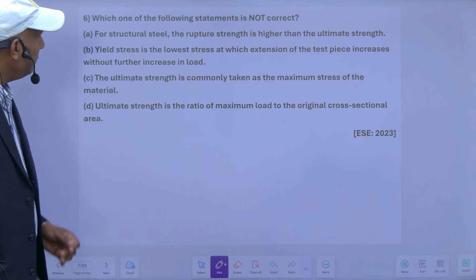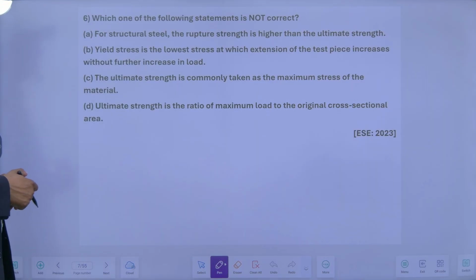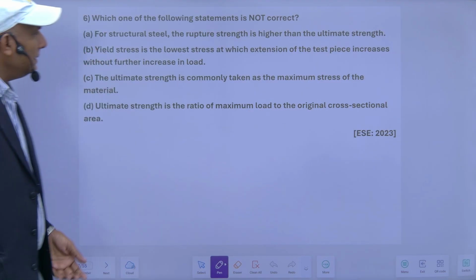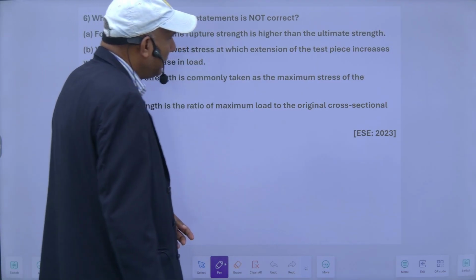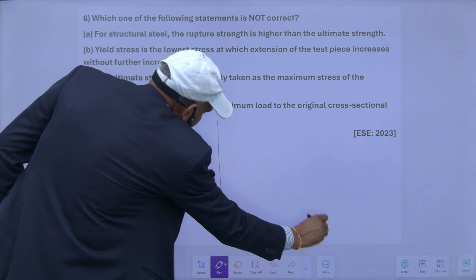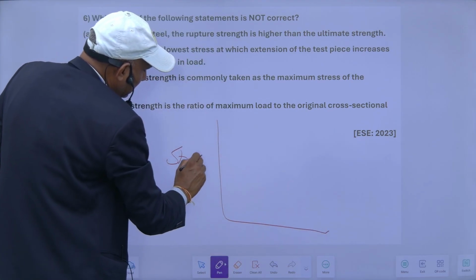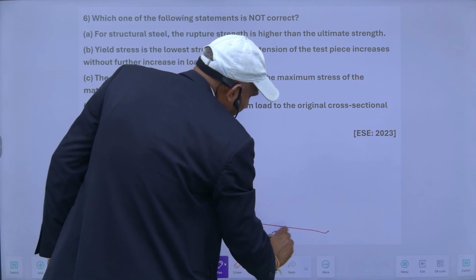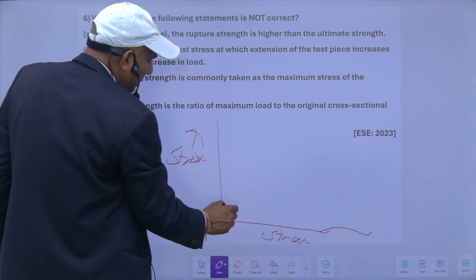Next question is, which one of the following statements is not correct? For structural steel, the yield strength is higher than the ultimate strength. So this is my stress and this is the strain curve. As I have explained, my curve is like this.